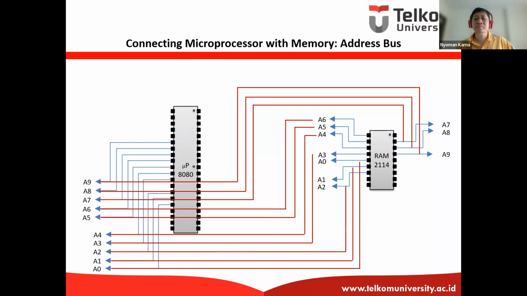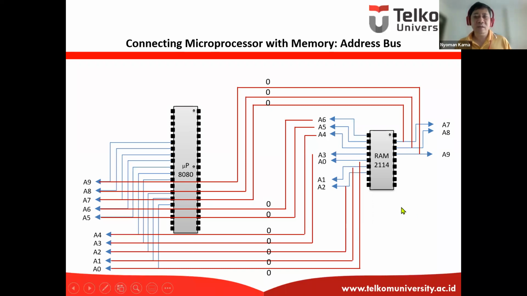Now, let's try the first combination. The address bus sent by the microprocessor, remember, the address bus only comes out of the microprocessor. So it's an outgoing bus.